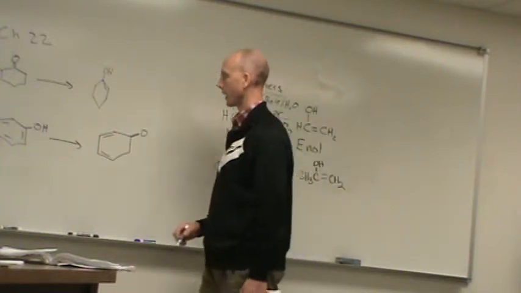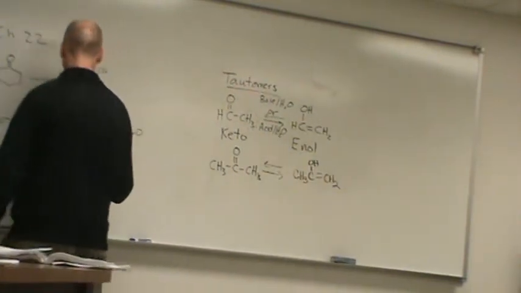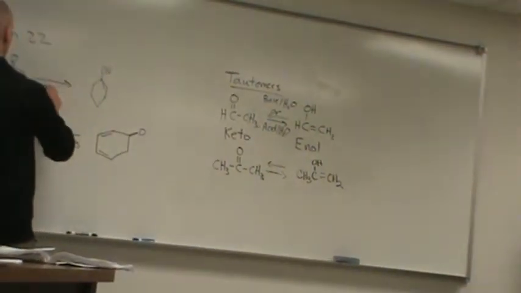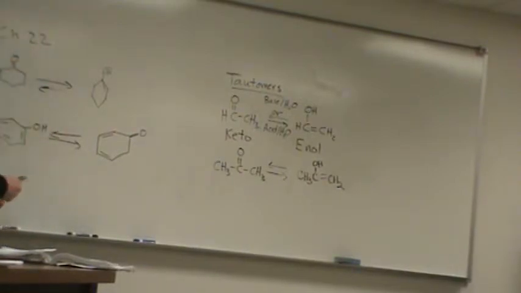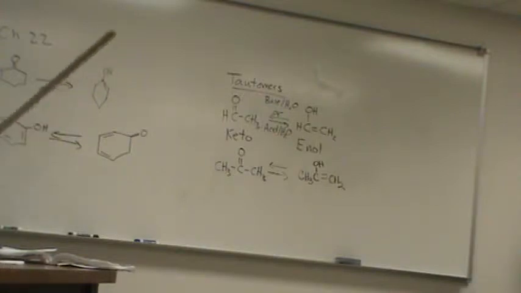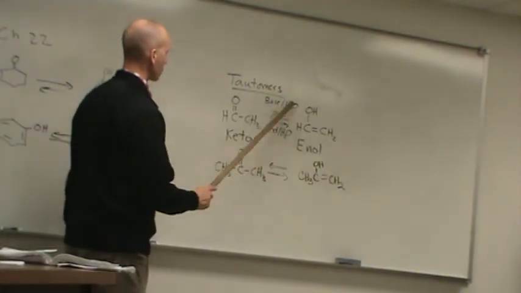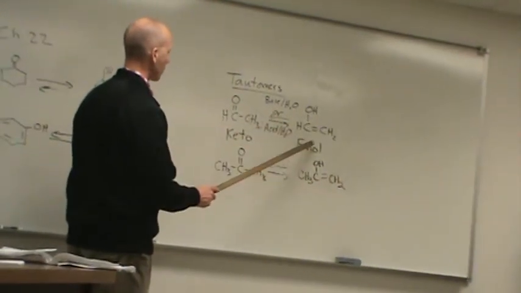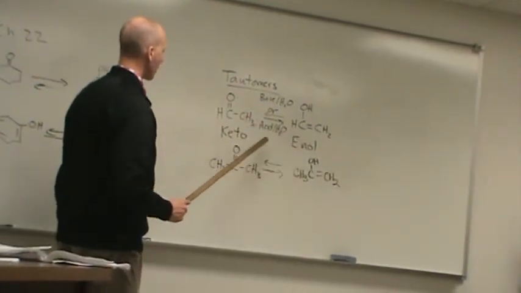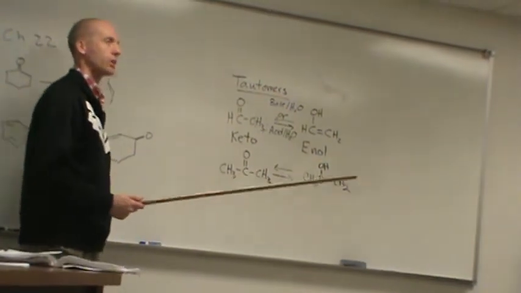So these arrows get equilibrium arrows. And so here's the next important question: these things happen in acidic or basic solution. Which one occurs more, the enol or the ketone?